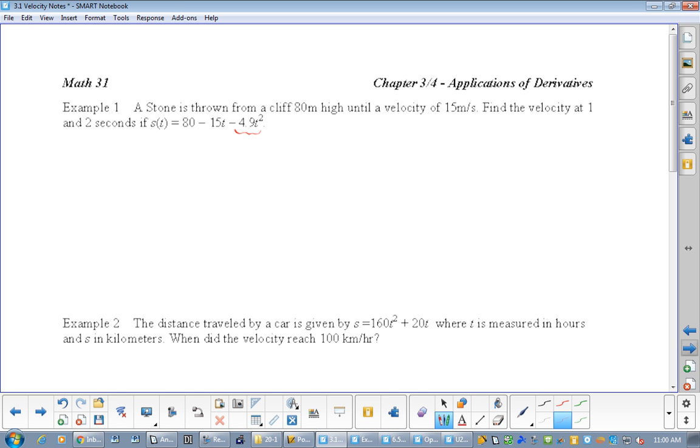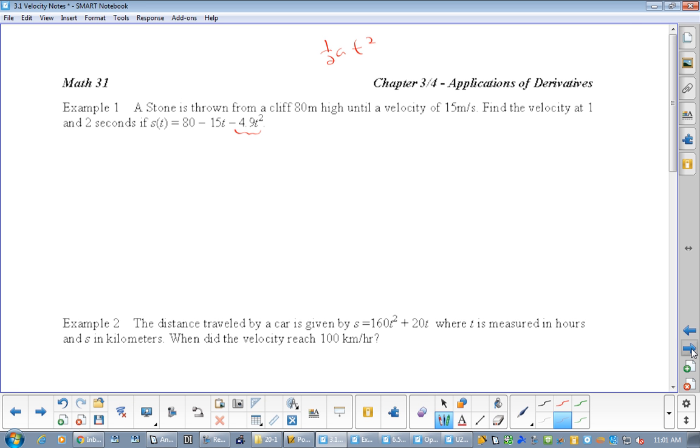Where does that come from? What is A? Due to gravity. What is it? 9.8-ish? Right?